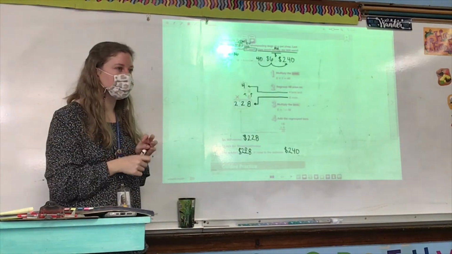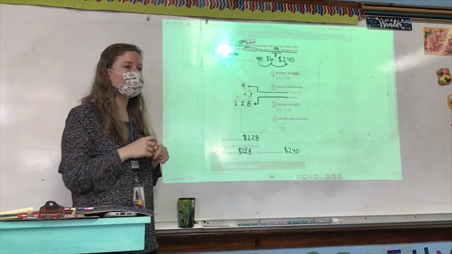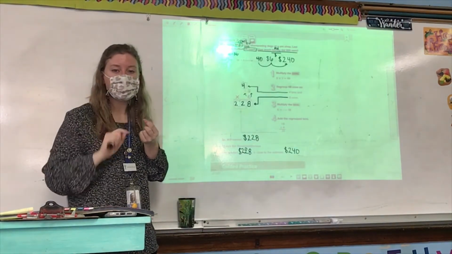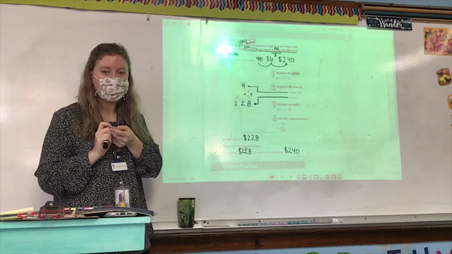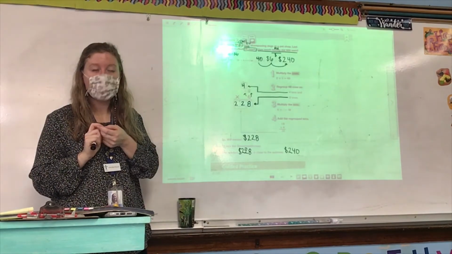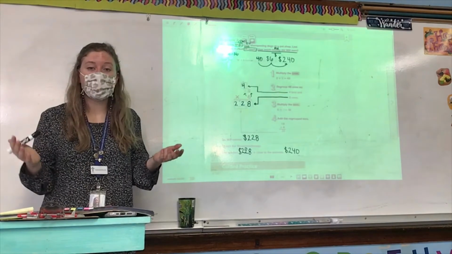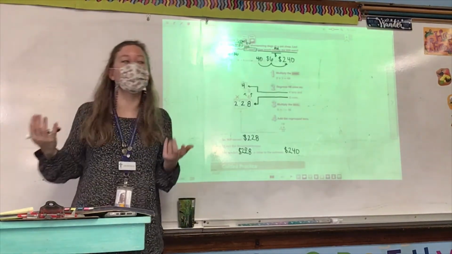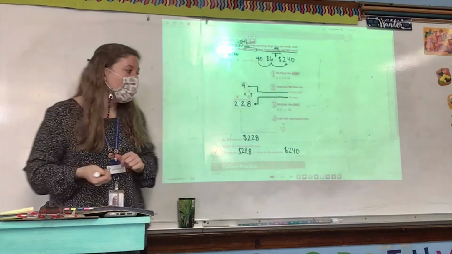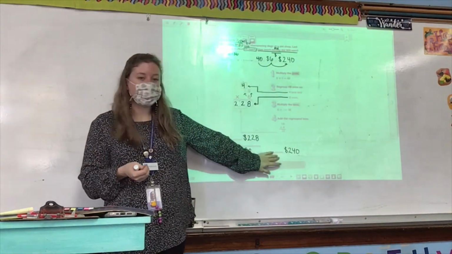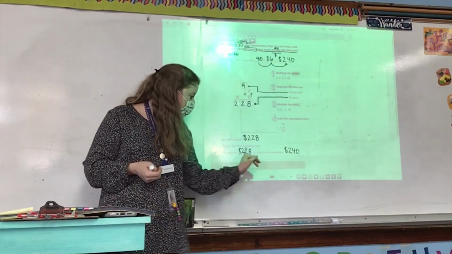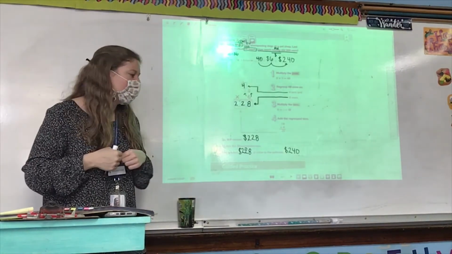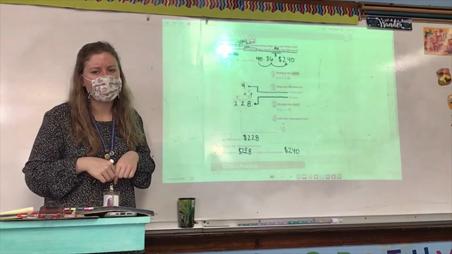Not division. We don't know how to do that yet. Michaela? Area models or distributive property. Either one. We know we're doing distributive property with both, but the area model has a model with it, which you may like better. So yes, you can use estimation to check, but remember, sometimes your answers aren't going to be that close. You just have to think, okay, are they within 5 of that next place?